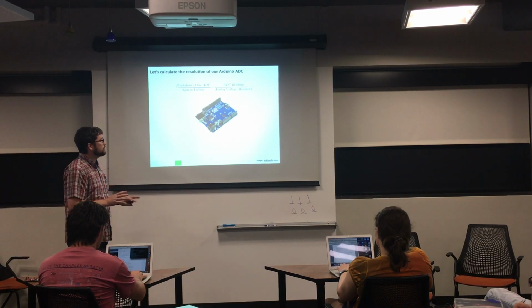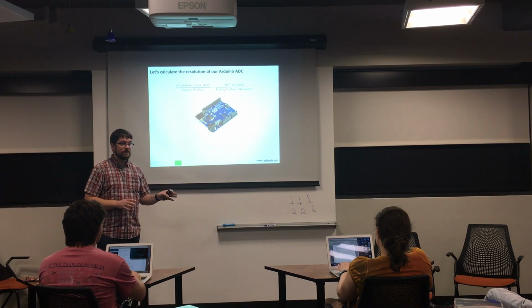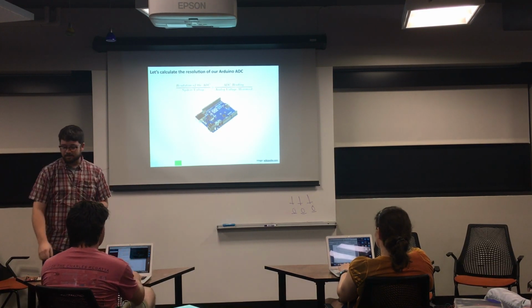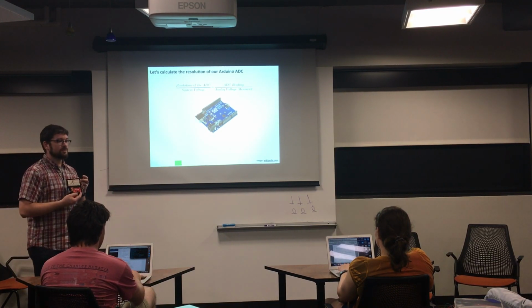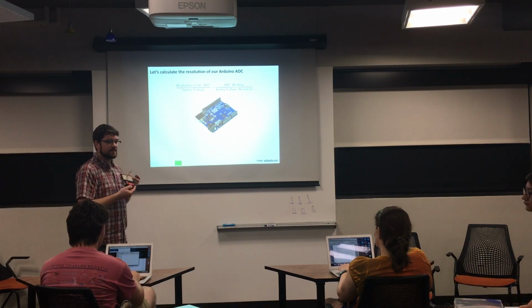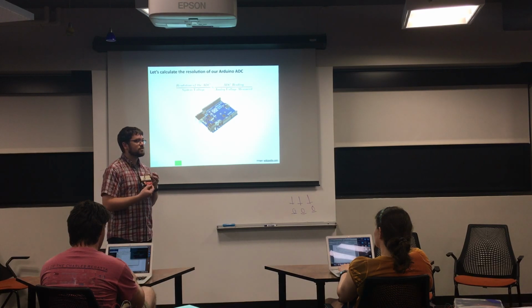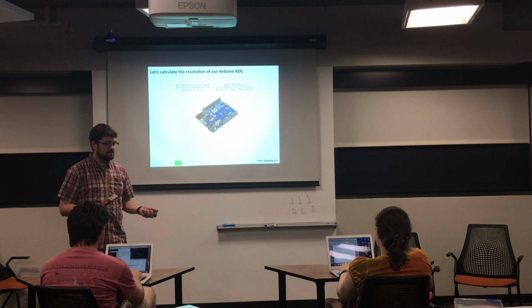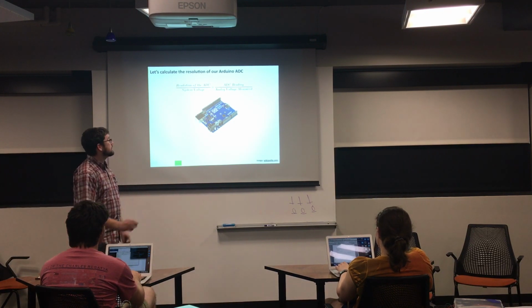So like any sane person, we start counting at 0. So it goes from 0 to 1,023. That's the output. If you were to connect one of these analog inputs to ground, you should get all zeros out. If you were to connect it to plus 5 volts, since that's its maximum range, you should get 1,023 out. There's going to be some noise in there, of course, but that's the idea.